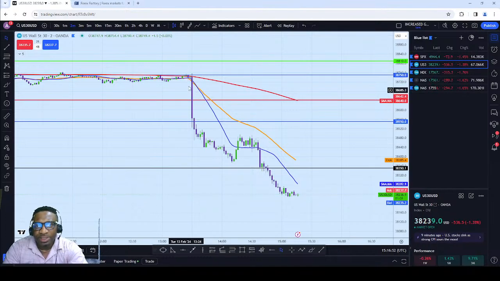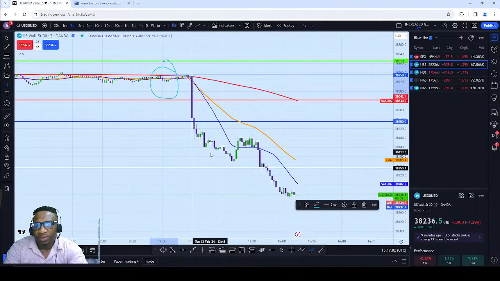At this point here, it was in a narrow state. Price was in the narrow state this morning before the news came in, and then it dropped with this power.